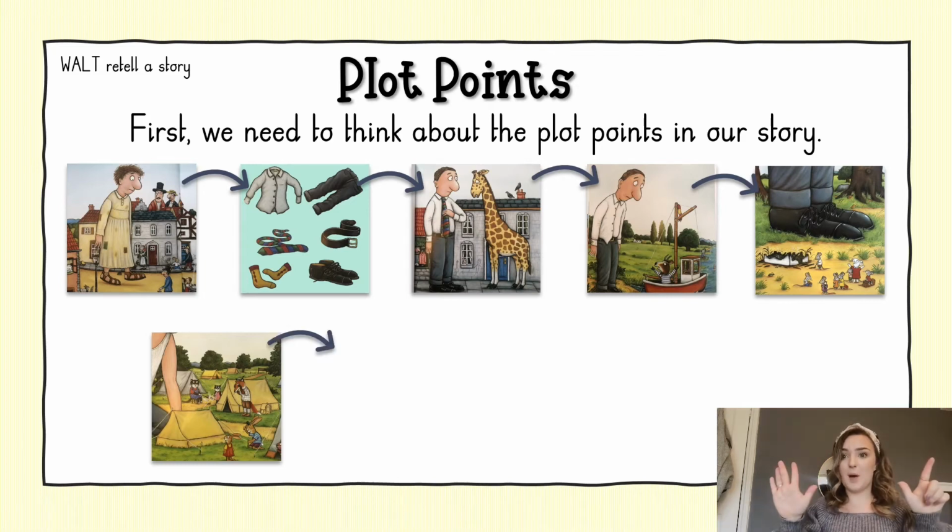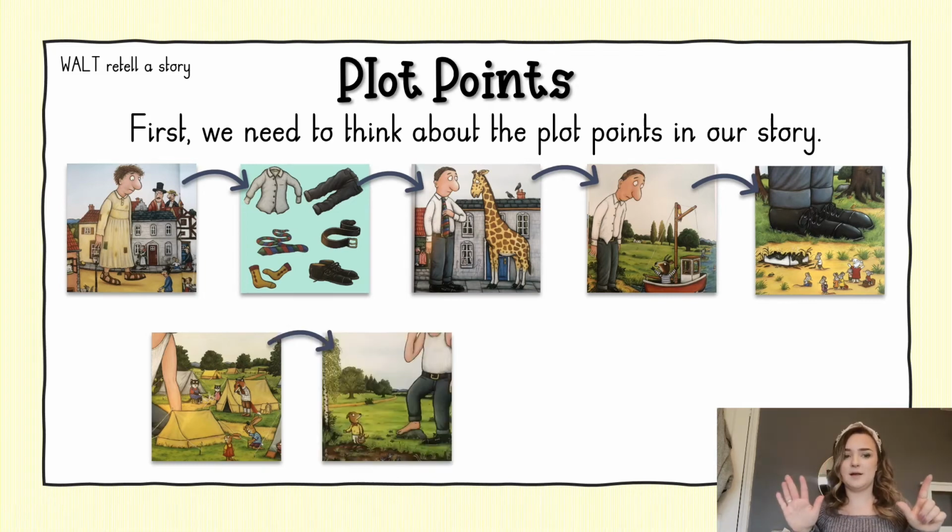The next plot point 7 is where George the giant meets the dog. Now the dog is trying to cross a bog, isn't he? And that rhymes again. And what does George give the dog to help him cross the bog? He gives him his belt, doesn't he? Well done.